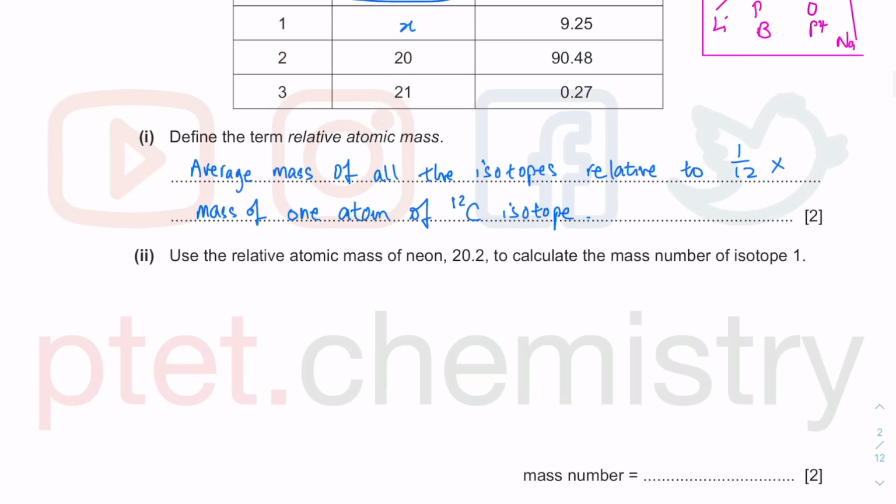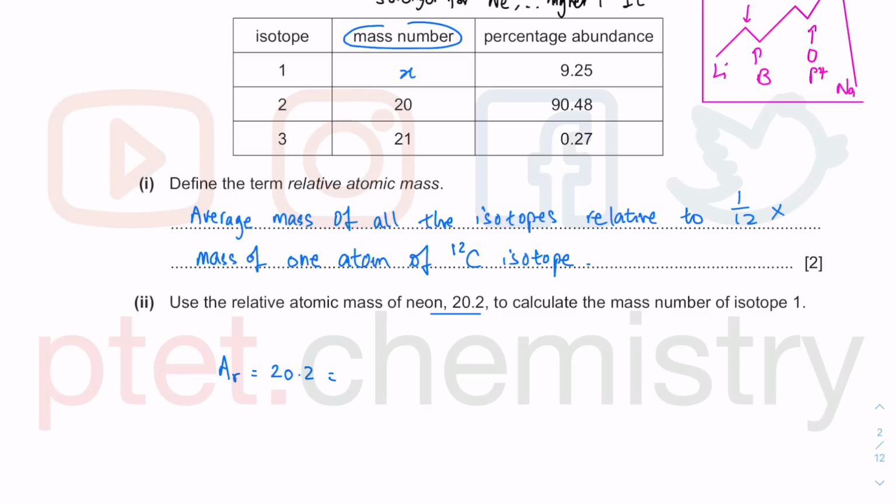Now we've got to use the relative atomic mass of neon, 20.2. It's very close to 20 because isotope 20 is abundant at close to 90%. So we know the relative atomic mass is equal to the mass number times the percentage abundance: 9.25 times x plus 90.48 times 20, and then 0.27 times 21.